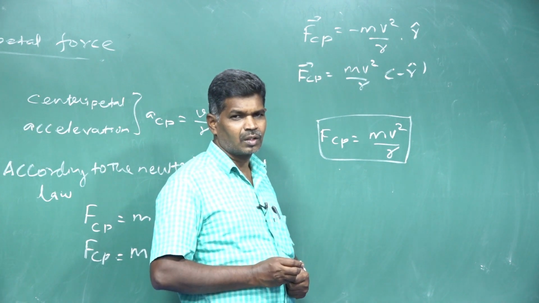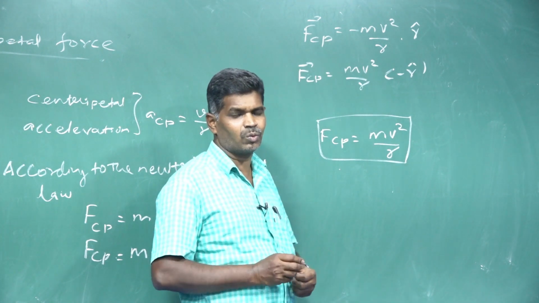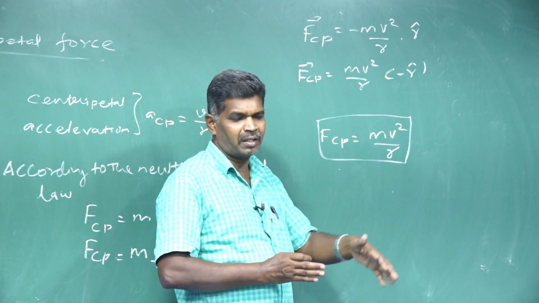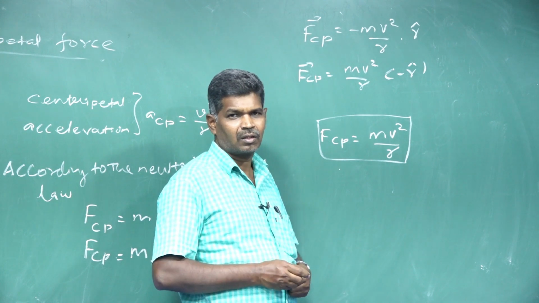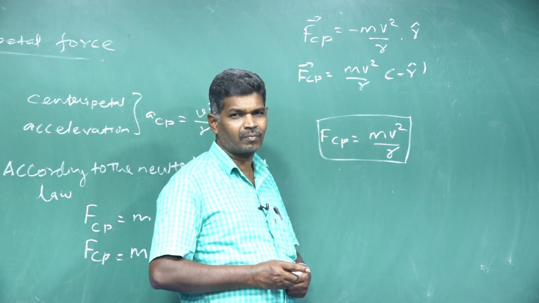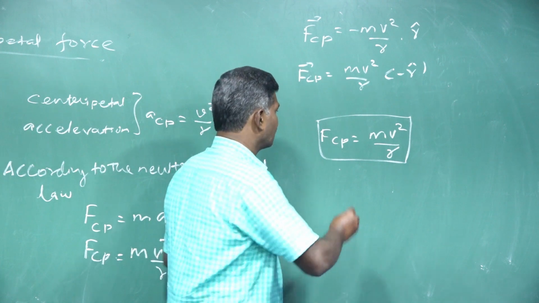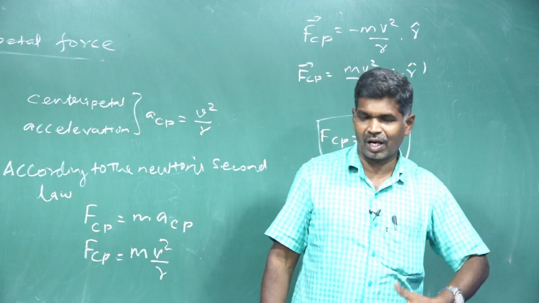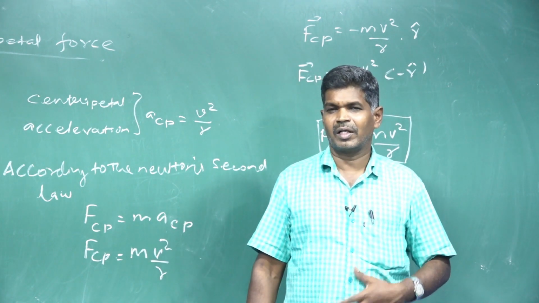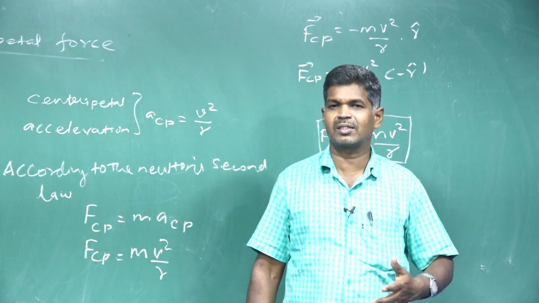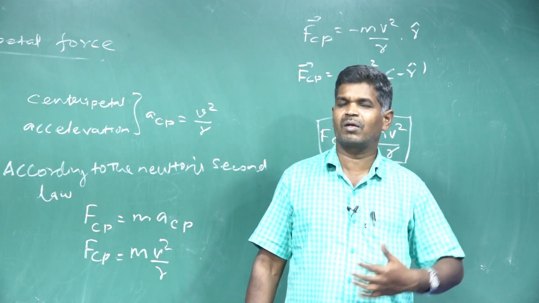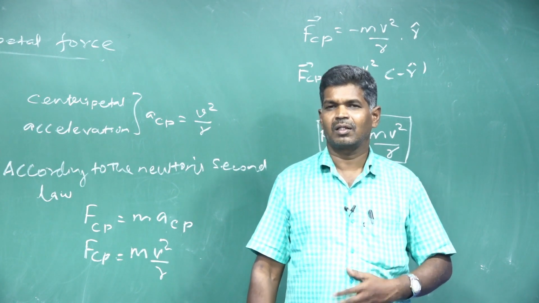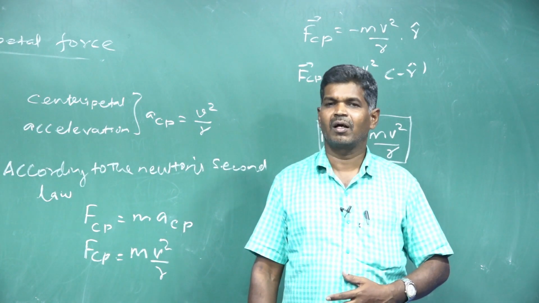Otherwise, when any car or bus moves on a circular or bending track, frictional force acts as the centripetal force. Whatever it may be, the centripetal force formula is this. In overall view, we have discussed the dynamics of circular motion and derived the formula for the centripetal force. So the centripetal force formula is F equal to mv squared by r. Thank you.